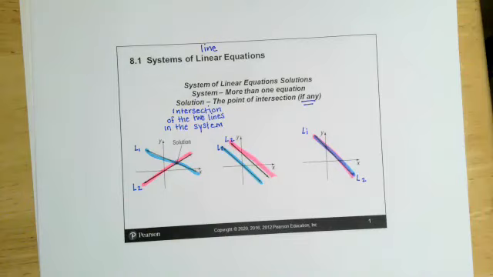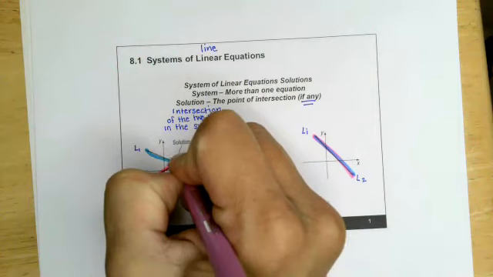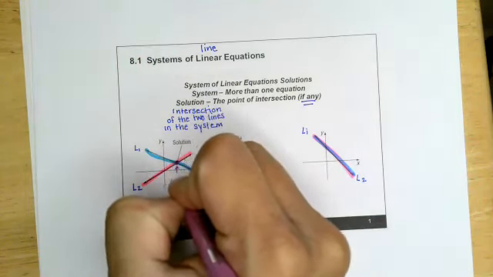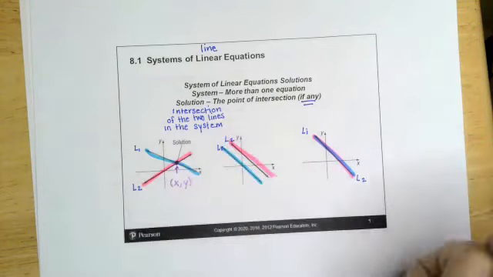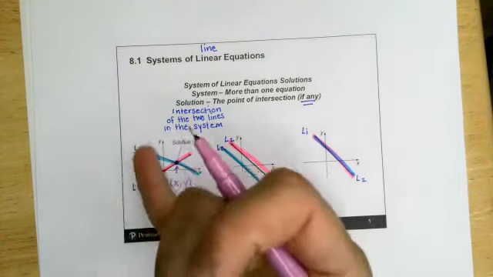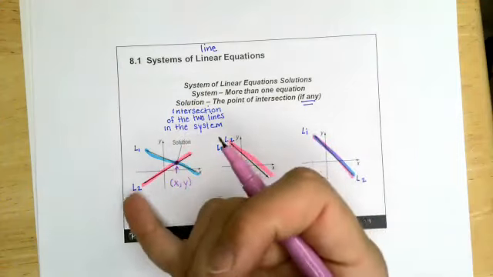So for this one, there is one solution. And that solution is a point, and that solution has an x value and a y value, right? So the x and the y of that point are the solution for this equation, and it will also be true for this equation.